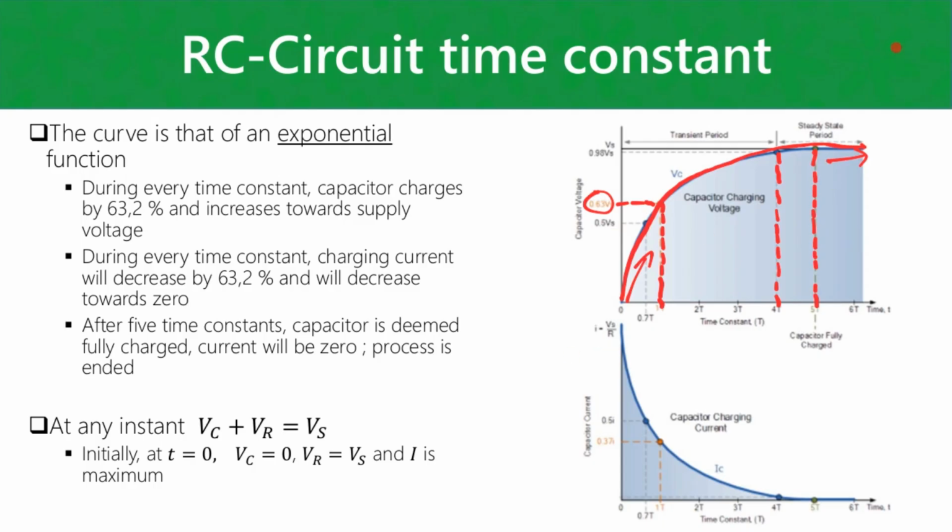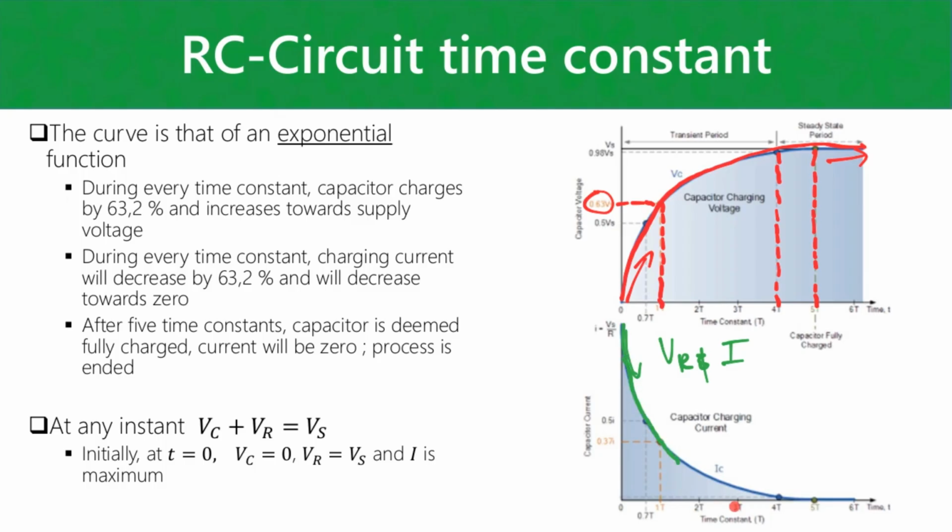Now, the voltage across the resistor and the current in the circuit are going to decrease over time as the capacitor gets charged. The charge saturates the plate, so you're going to reach a point where there's not going to be any current flow anymore.